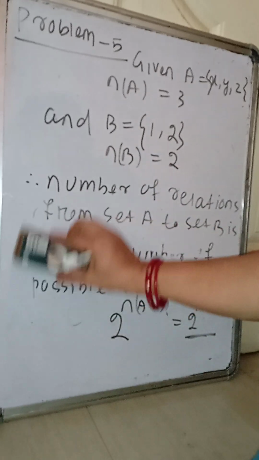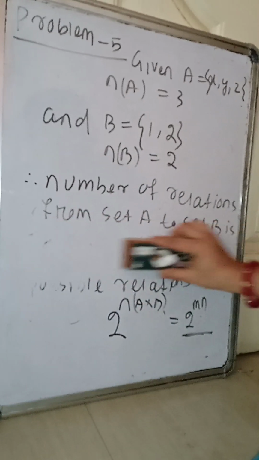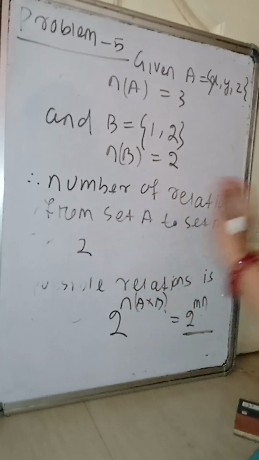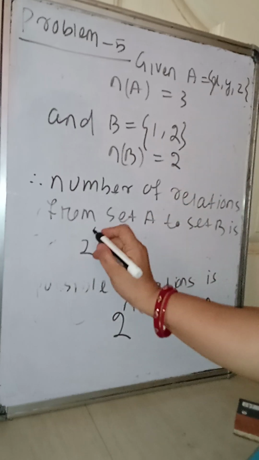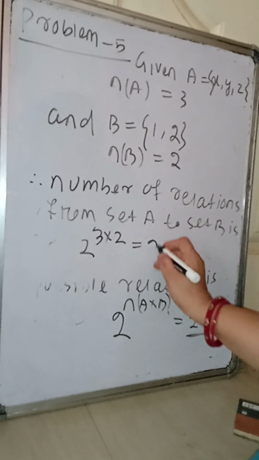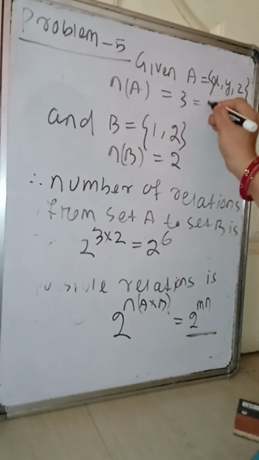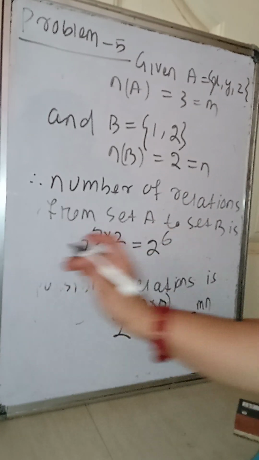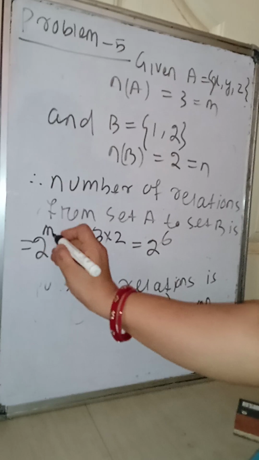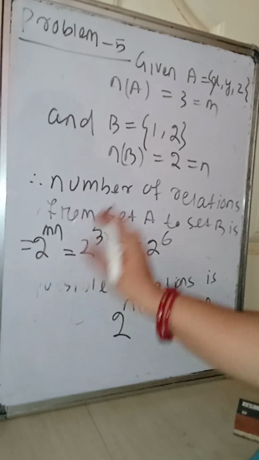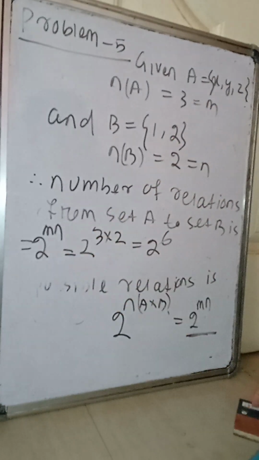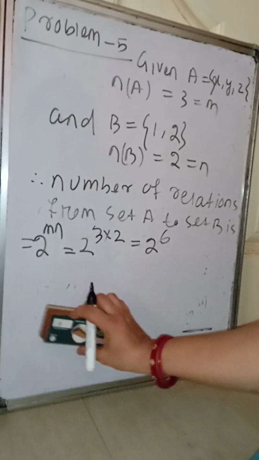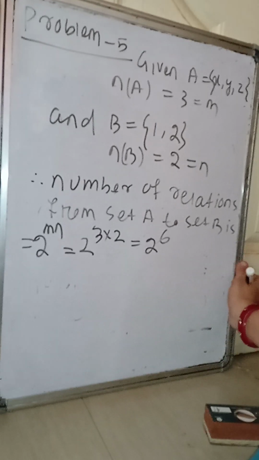So it will be 2 to the power 3 into 2, that is 2 to the power 6. If you want to use the formula, you can write 2 to the power MN, that is equal to 2 to the power 6, where M is 3 and N is 2. Total relations you can get from these two sets is 2 to the power 6.